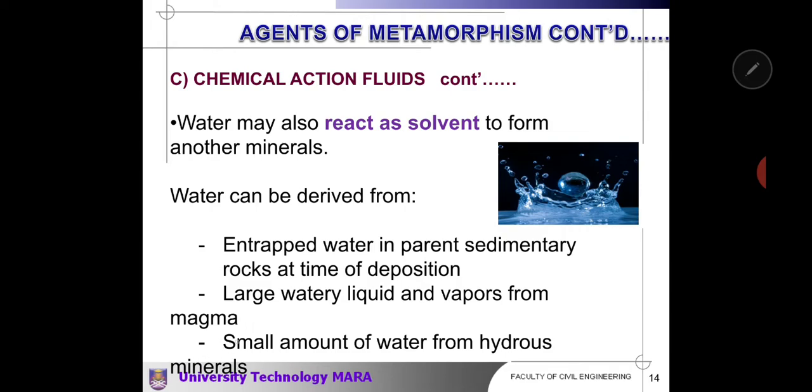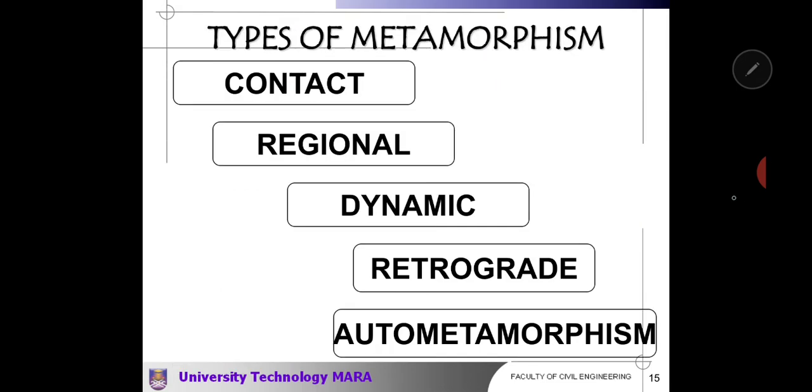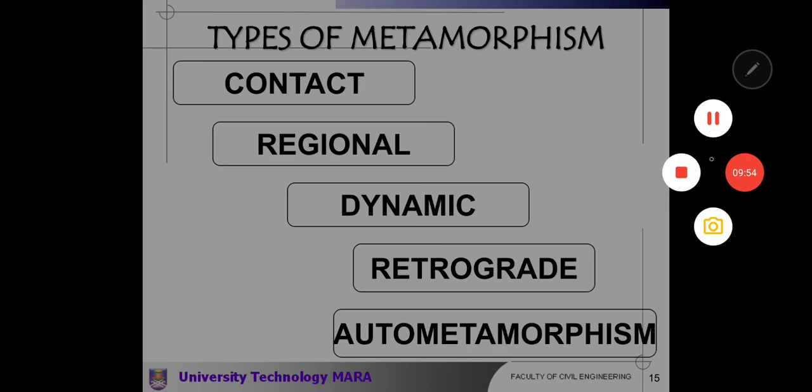And also the water is from large amounts of watery liquid and vapor from magma, and some amount of water from hydrous minerals. Okay, and that is all to describe the formation of metamorphic rock.